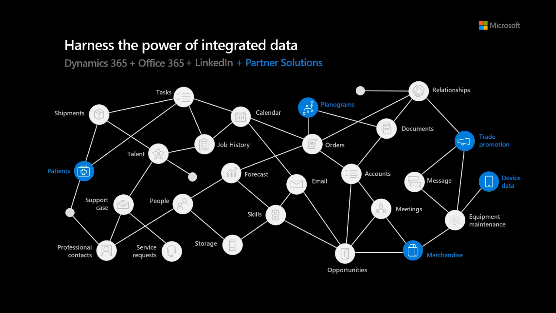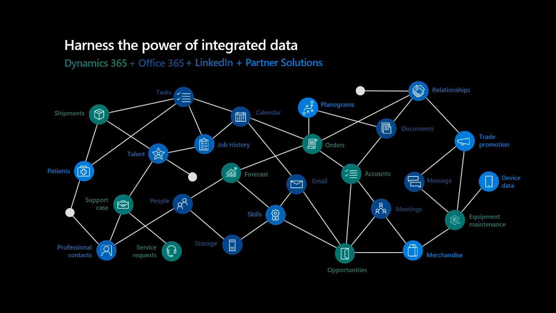So if you have those opportunities and you have meetings with those people, now you understand maybe there's a partner solution which talks about what merchandise is important to talk about with those people, right? Or if you have trade promotions that you want to do for that specific industry, they bring all that data together. So now you have a web of all this interlocking data that you can leverage from any place and anywhere.